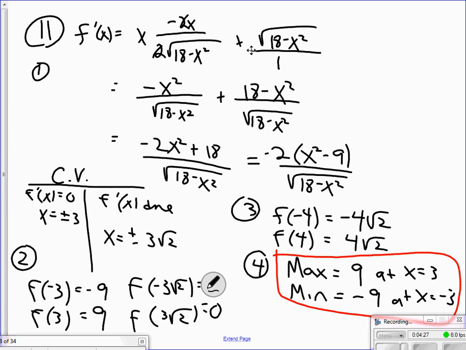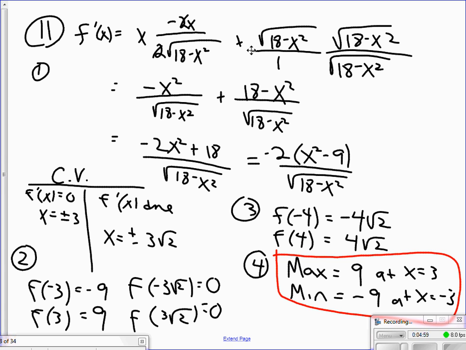So how could I rewrite the second term with the same denominator? Just the square root of 18 minus x squared. Whatever you multiply the denominator by, that's what you multiply the numerator by. Once they have the same denominator, you can combine them.